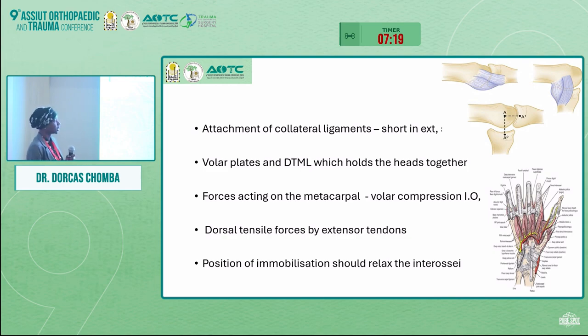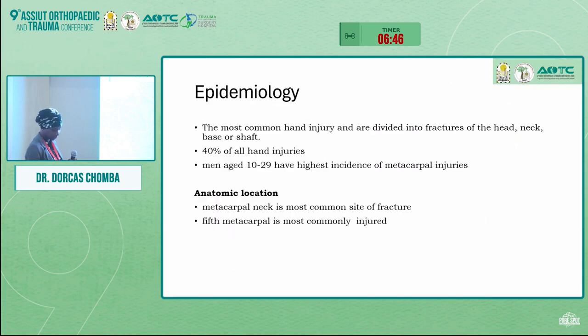And on the volar side is a compression force generated by the interosseous muscles, and this force is stronger than what is being generated on the dorsal side, and this is why we end up with a dorsal angulation of the metacarpal fractures. And the last point is why, again, we need to immobilize the limb in flexion, because when you flex, you relax the interosseous, hence you take away one of the deforming forces.